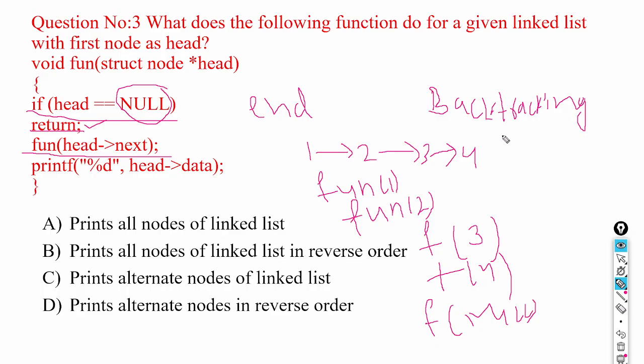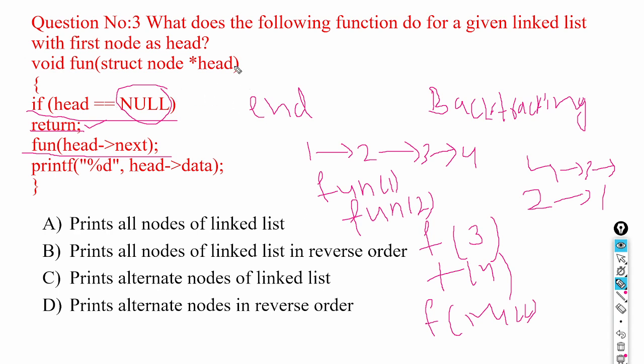Okay, that backtracking. Therefore, what is the backtracking for this? 1, 2, 3, 4, 4, 3, 2 and 1. So the recursive call returning means the reverse order is printed.